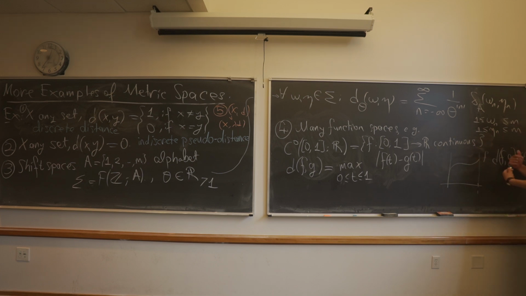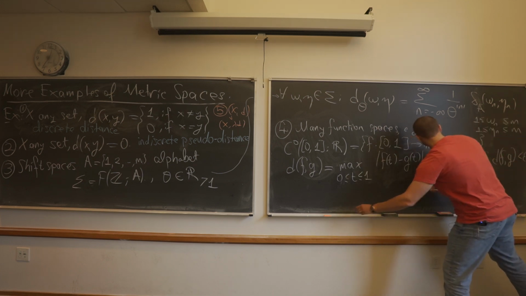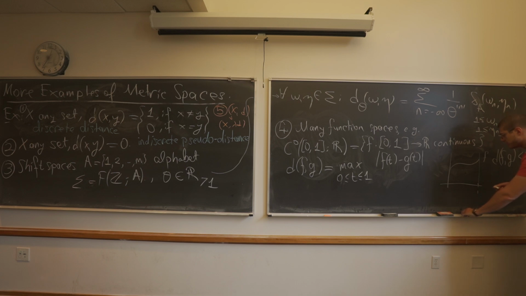Well, the idea is this. Of course, g too has a graph, right? But I want to do the following. I'm going to compare the values of f and g for the same input value, which means that I'm looking at this spread, if you want, vertical spread.